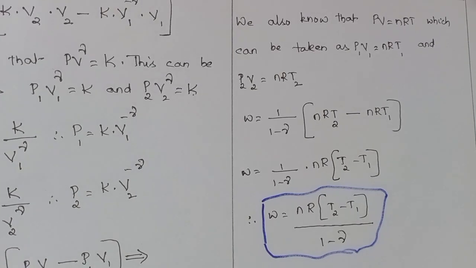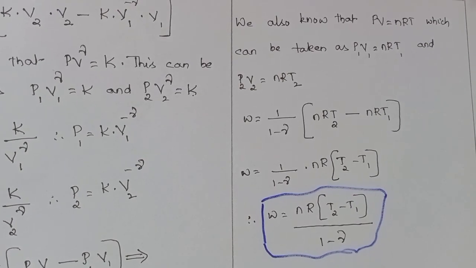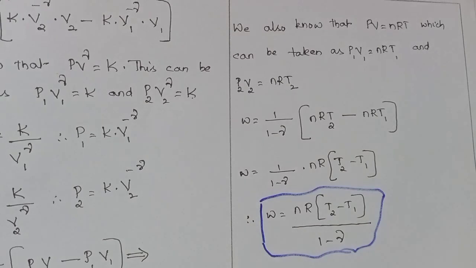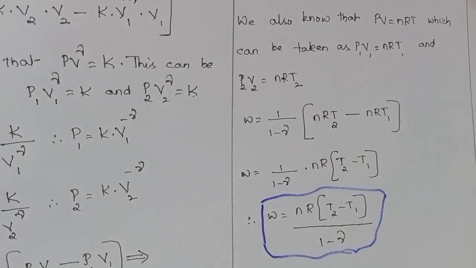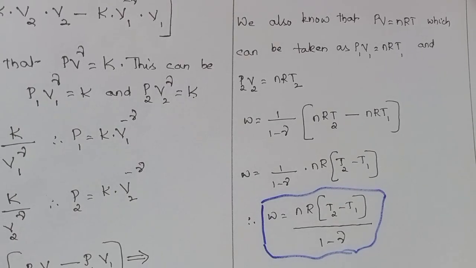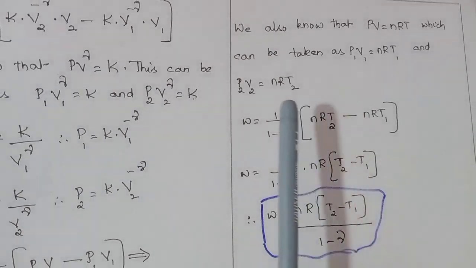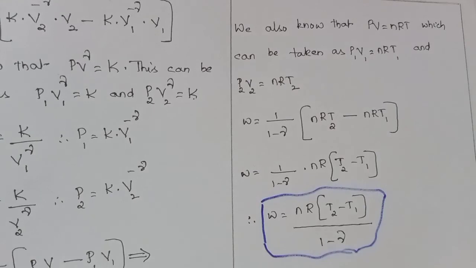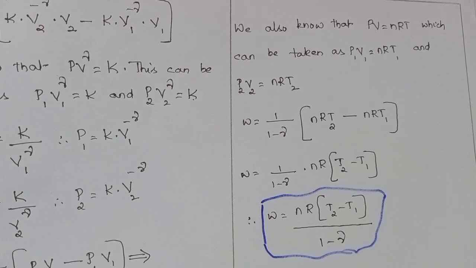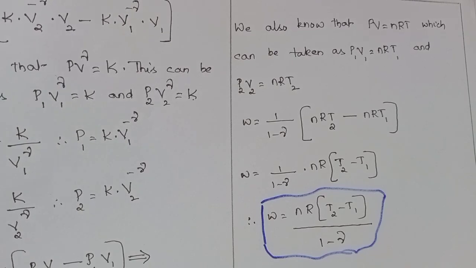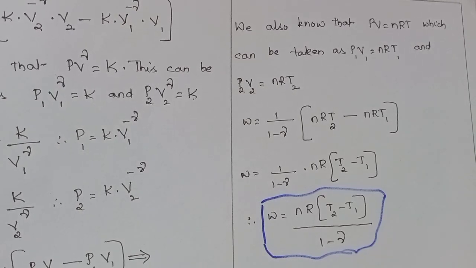Which can be taken as P1 V1 is equal to nRT1 and P2 V2 is equal to nRT2, where R is the gas constant, n is the number of moles, and T1 and T2 are the two different temperatures.